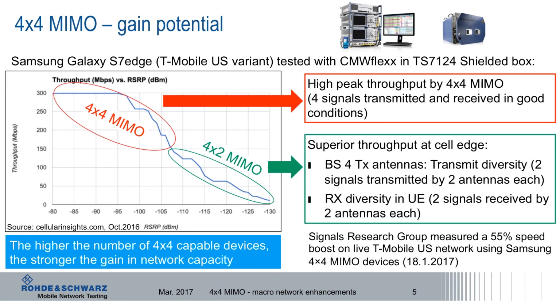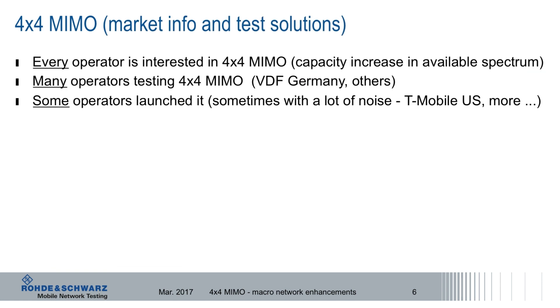So the gain in a mobile network can only be achieved if the penetration of 4x4 MIMO capable devices is higher, and the higher the number of such devices in the network is, the stronger is the gain in network capacity for the mobile network operators. A little bit about the market info, and as well about test solutions here.